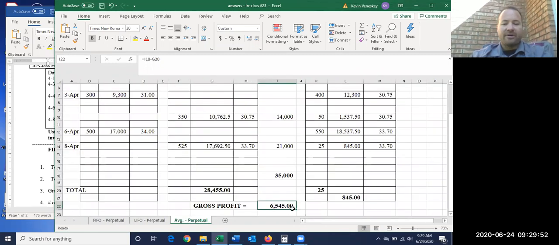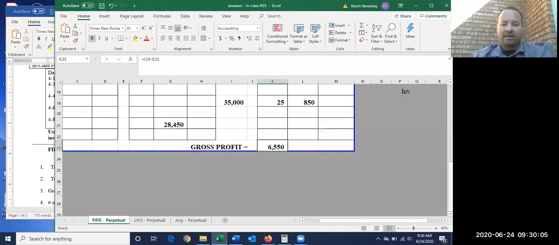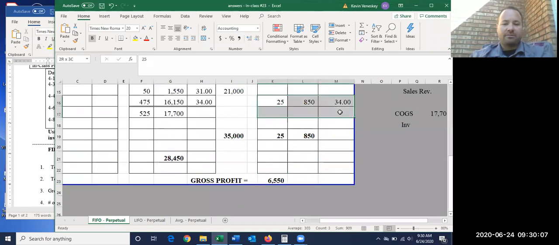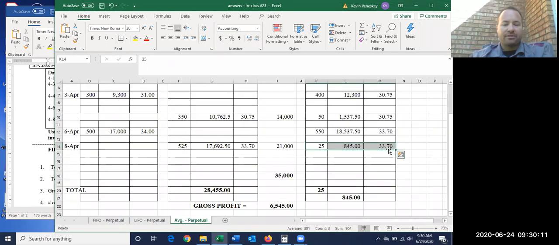This one was 65.45, and that's mainly because what I have in my ending inventory is a lot closer to the LIFO price. So therefore, it's going to be very similar to FIFO. I have a lot more of the last in, first out. I have the $34 items. Well, now with the average, they're just down just slightly. So it's going to be real similar to the FIFO in this case.